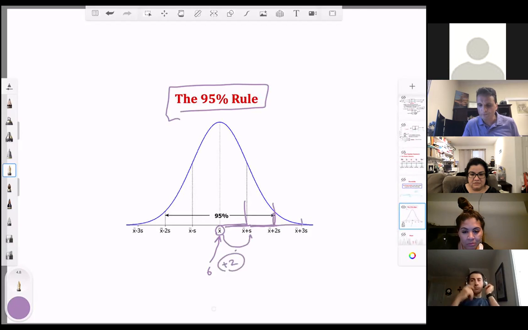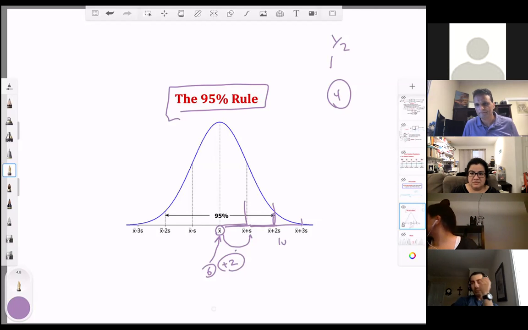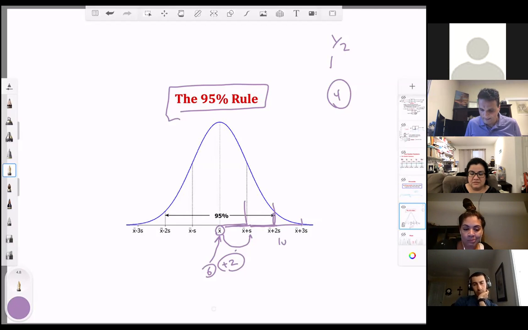You could use 1, one of them was half, another one was 4. If you add 4 to 6, you're going to get 10. After 2 standard deviations, you're going to pass all the data. And also 2 standard deviations this side. That's the 95% rule.